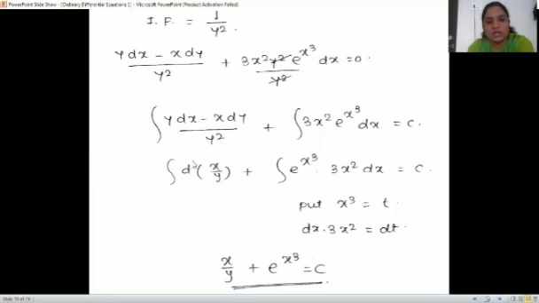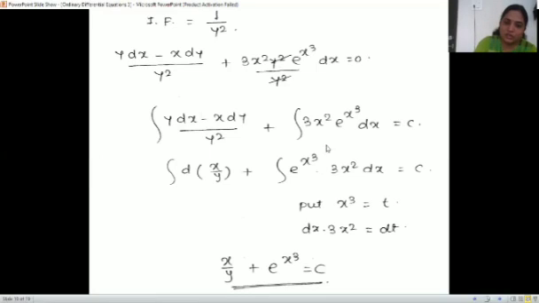So multiplying the integrating factor to the given equation, it becomes exact. Then taking integration, we get d(x/y) and e^(x³) into 3x² dx, integrated, equal to the constant of integration c. Now we have to integrate this.